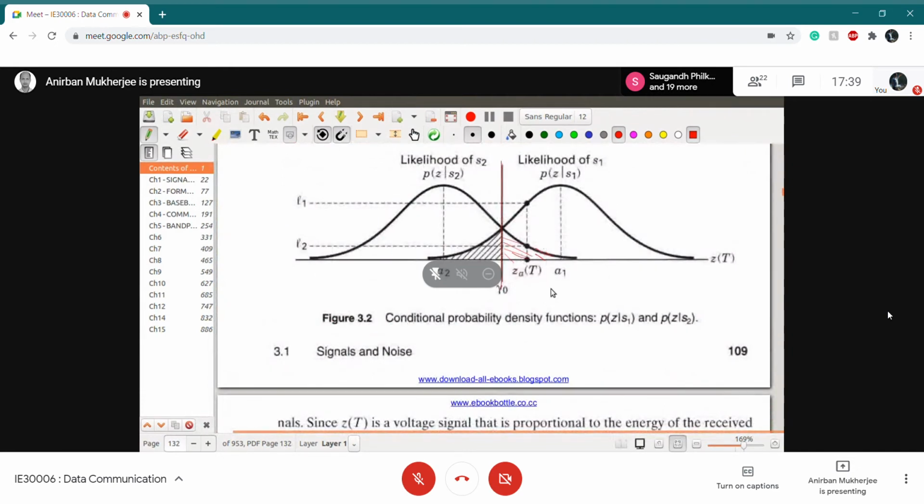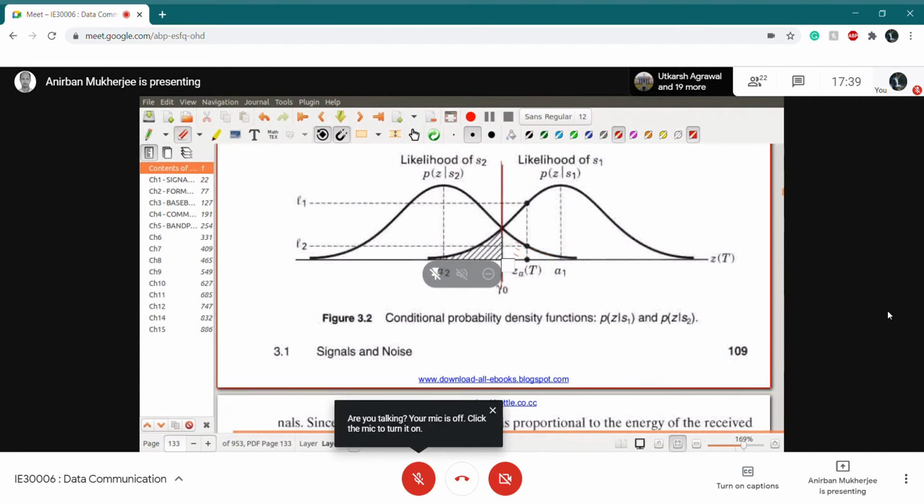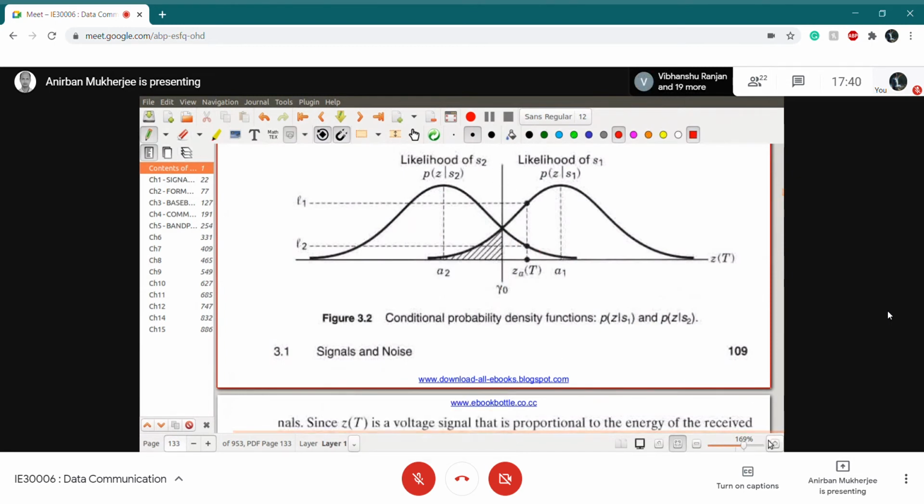If I take the picture now for the maximum likelihood structure, for the optimum threshold, I will have the value of Z(T) somewhere here. This is my A1 and this is my A2.